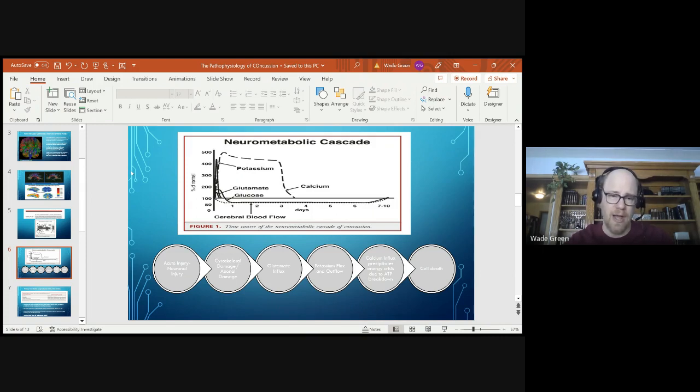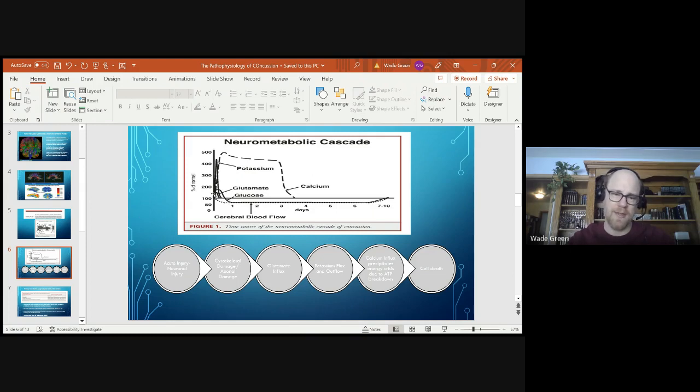But the big takeaway here, guys, you can see this dotted line and this solid line down here. Take a look at what happens to glucose in the brain and blood flow in the brain within the first week following injury. Take a look at this.